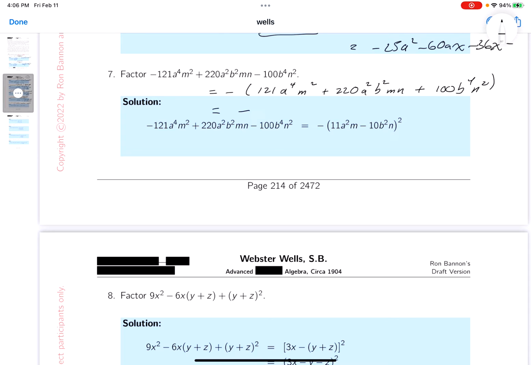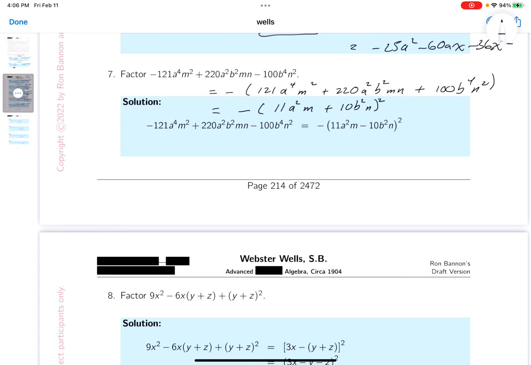Again, the hope is you recognize that these things are in fact perfect squares. That's 11 a squared m plus 10 b squared n, quantity squared.